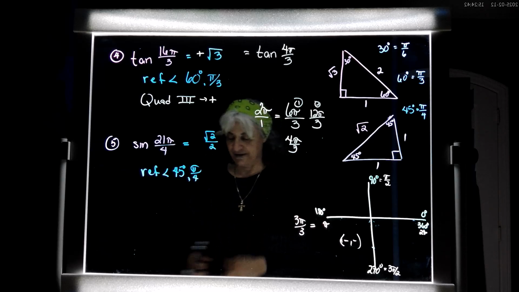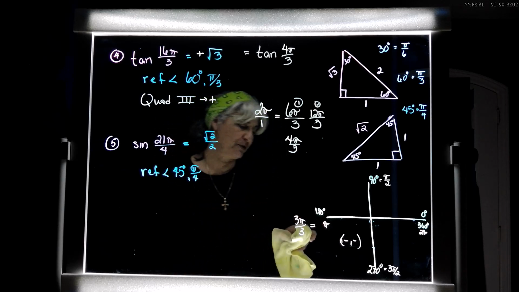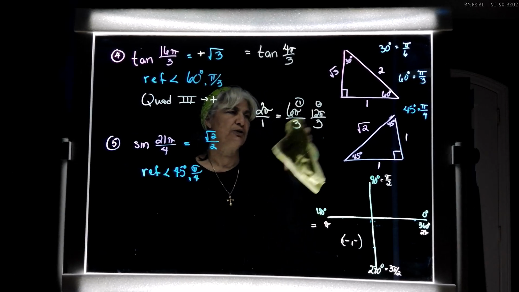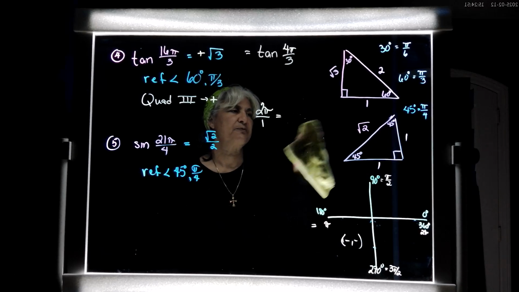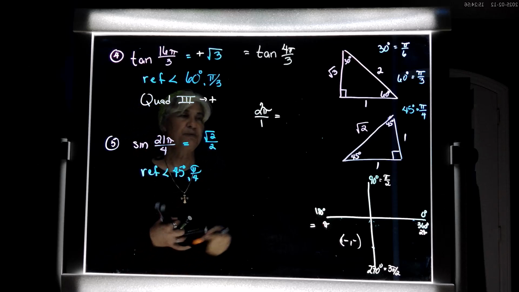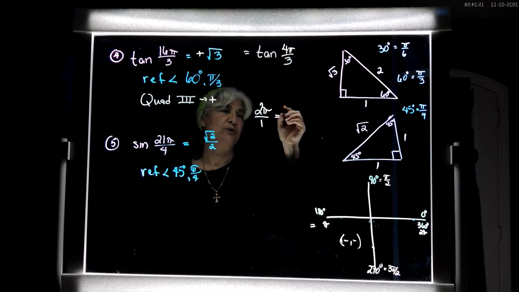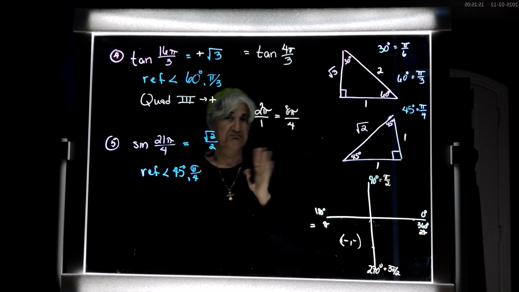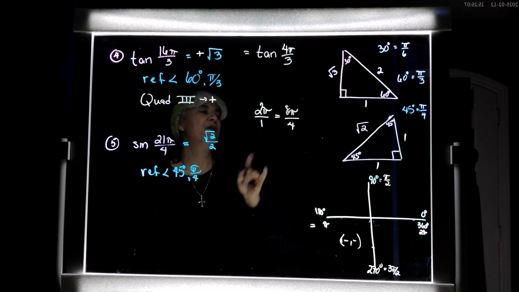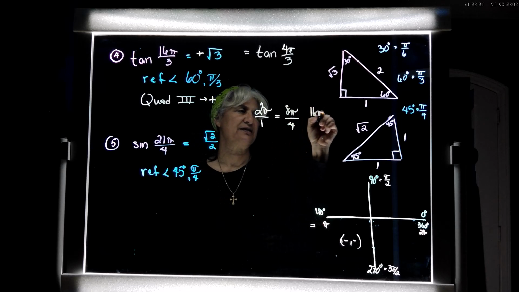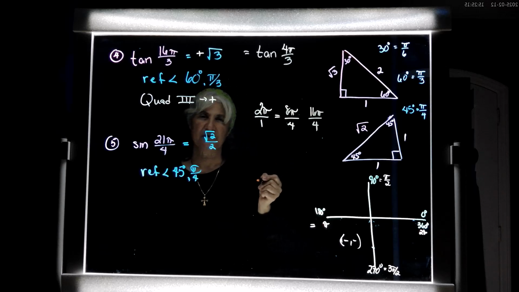But wait. Now I've got 21 pi over 4. All right, so let me do a little erasing here from the previous problem, and now let's deal with this problem. The denominator is a 4, so that means that a full circle can be rewritten as 8 pi over 4. Are we good? Okay. And then, if I go another rotation around the circle, isn't that 16 pi over 4?